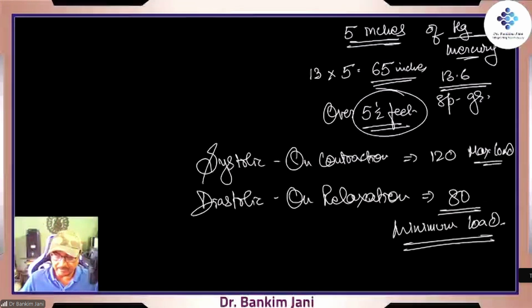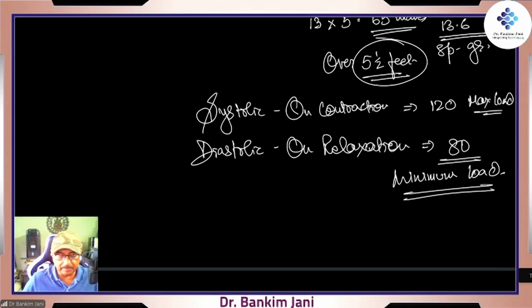Now whenever we look at any hypertensive patient, it is the systolic that varies. You have a cup of coffee, then it would increase. 80 can also change, but this is in general for a normal patient. So in diastolic, this is on relaxation, which means it is the minimal load.